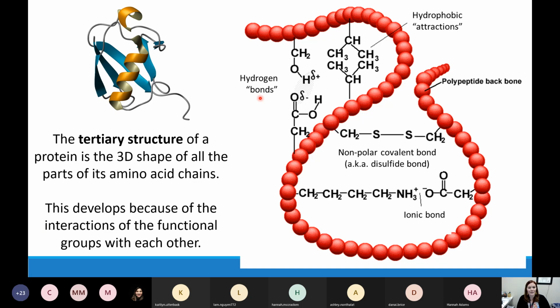Now remember when we talked about hydrogen bonds just a bit ago, that these form between dipoles. Hydrogen bonds also are not the strongest bonds, which is why I put them in quotes for us. They're not sharing electrons. It's the attraction of one positive dipole to another negative dipole.